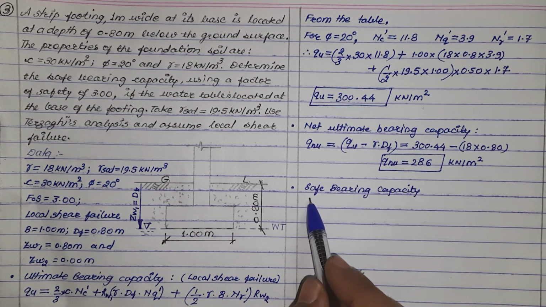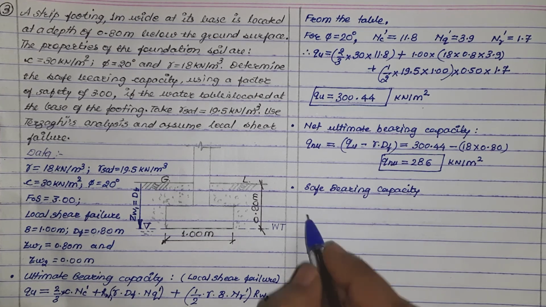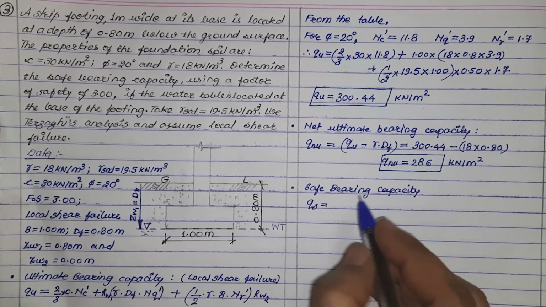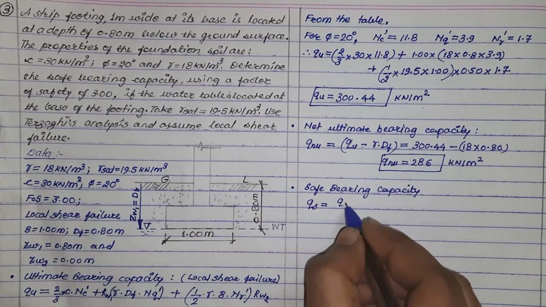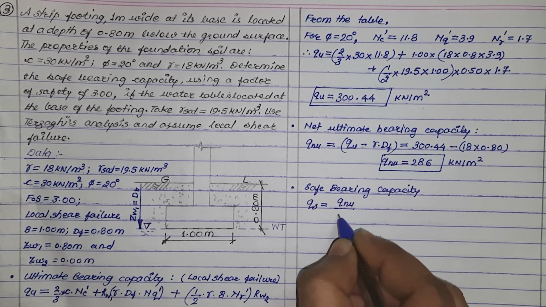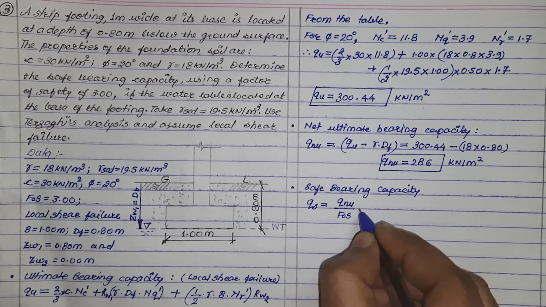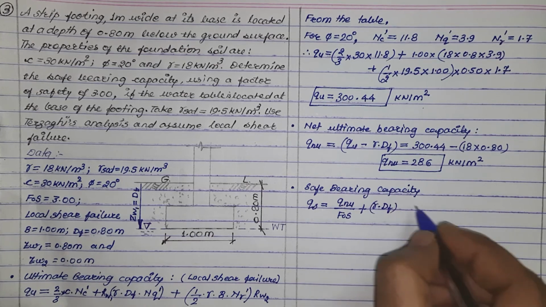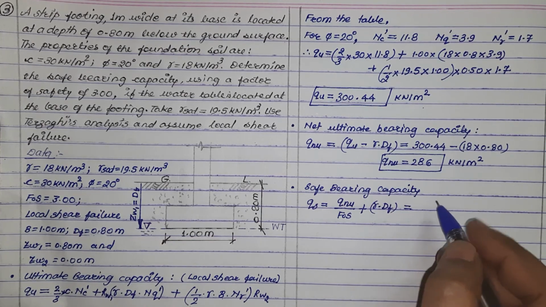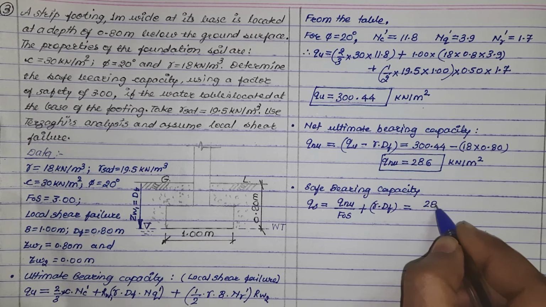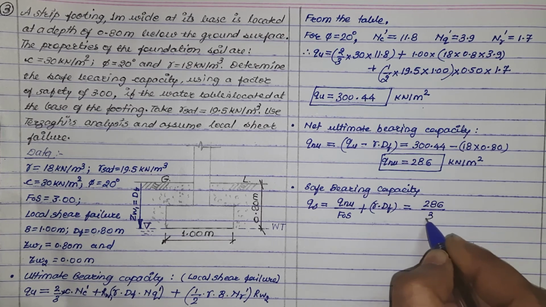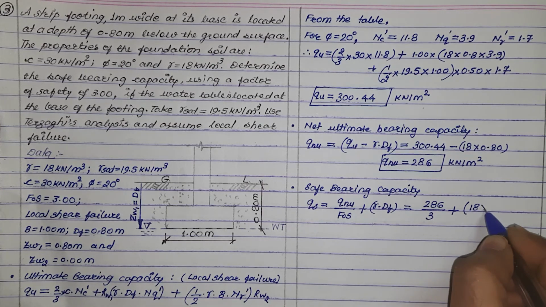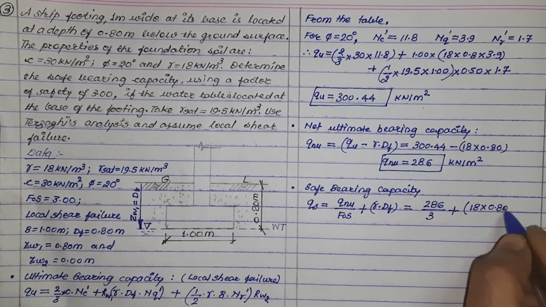Next step is to find out safe bearing capacity of the soil. It is found out as Qs equals Qnu divided by factor of safety plus gamma multiplied by DF, which is equal to 286 divided by factor of safety 3 plus gamma 18, DF is 0.80.